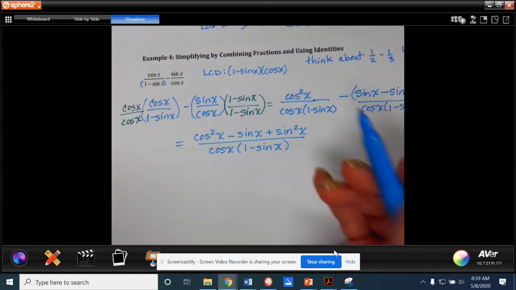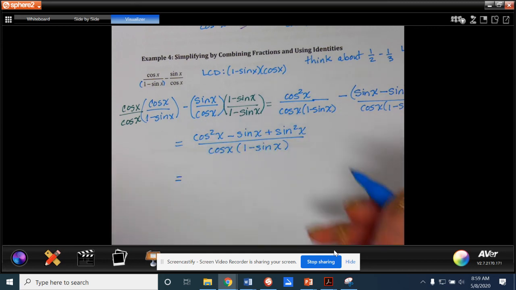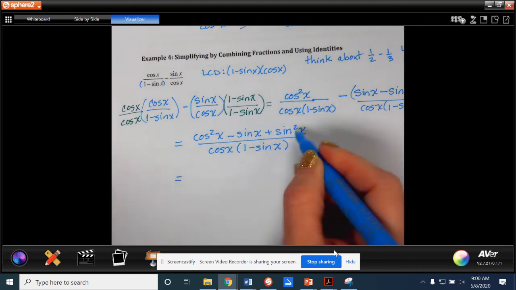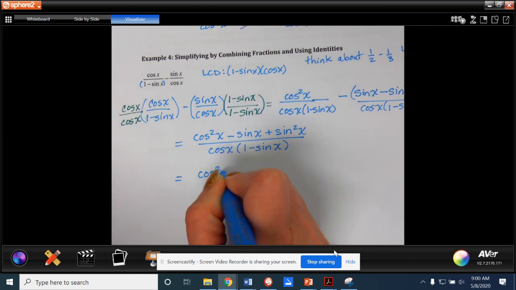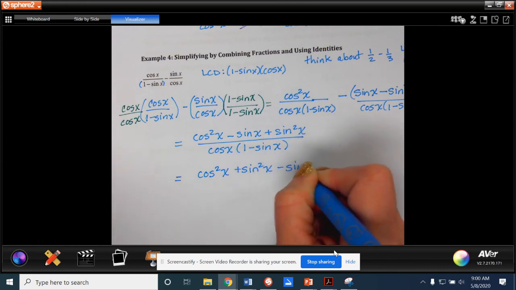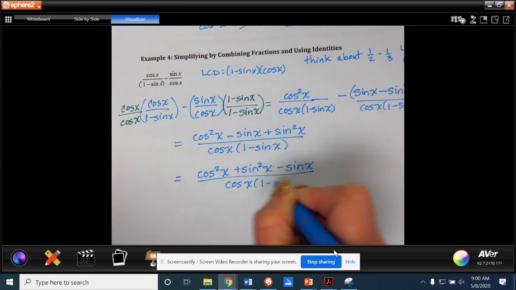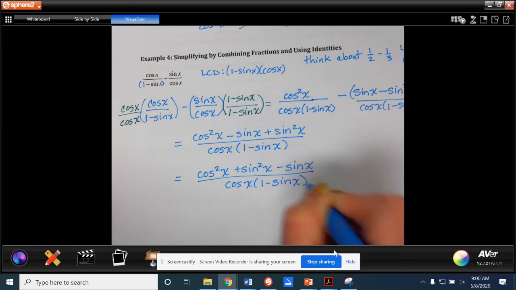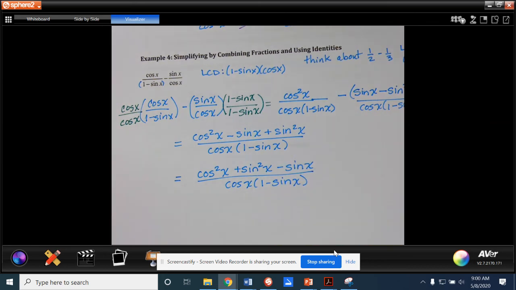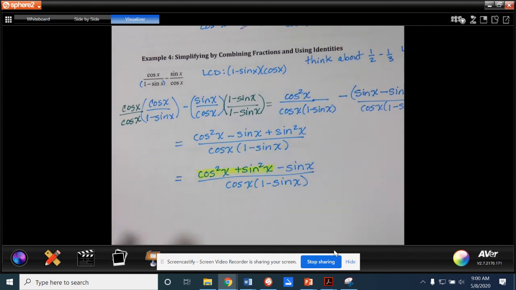So let's do that. Now look at why don't I rearrange the numerator? Let me put my squares together. So cosine squared x plus sine squared x minus sine x all over cosine x times 1 minus sine x. Now our basic identity from the unit circle, the same as saying x squared plus y squared was equal to 1.